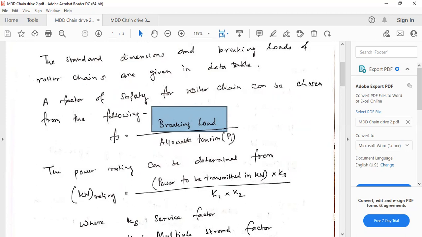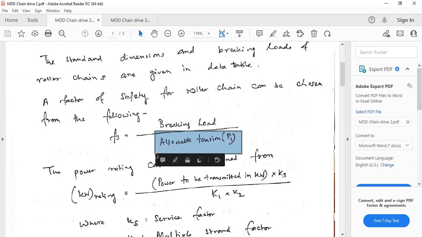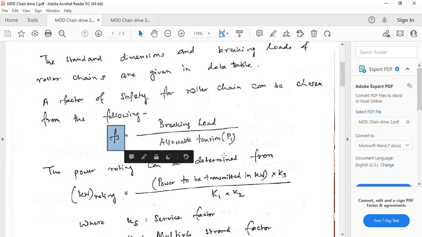Divided by allowable tension, the maximum value of the force is the tight side tension. In order to save the chain from breaking, the tight side tension should not reach the value of the breaking point, and for that reason we need to employ a factor.